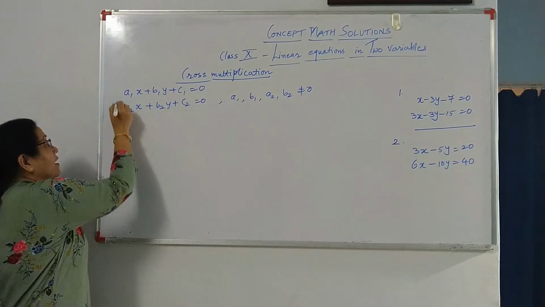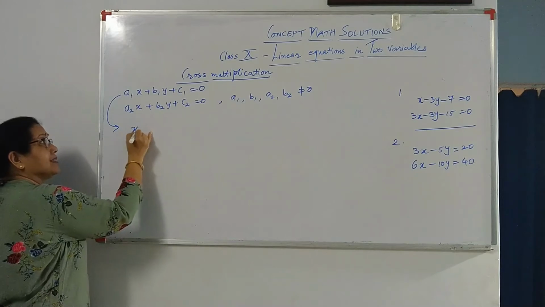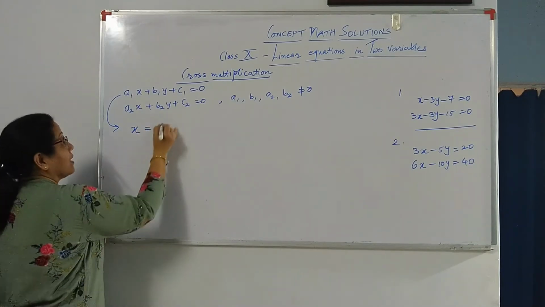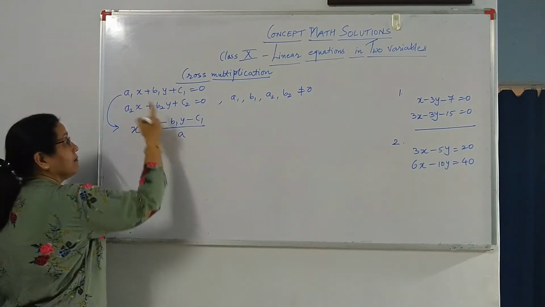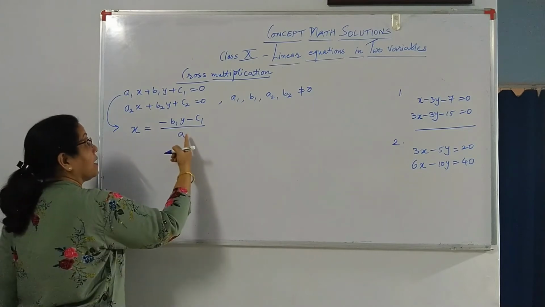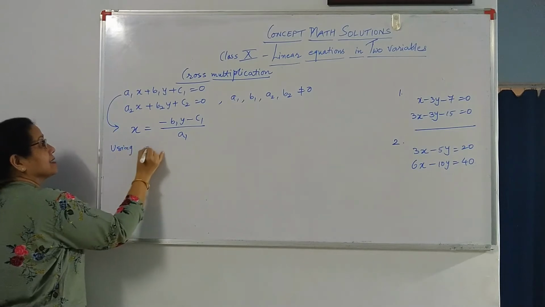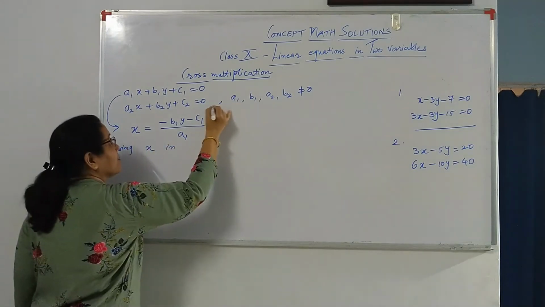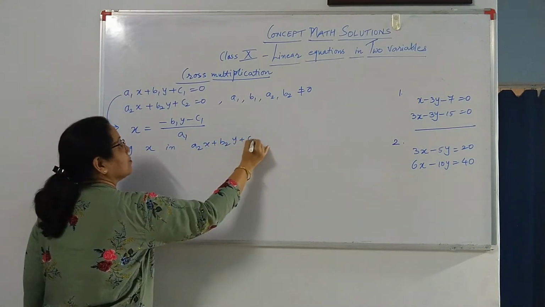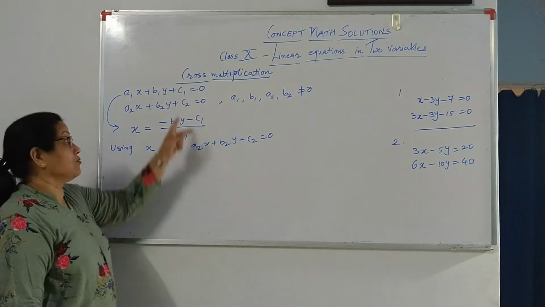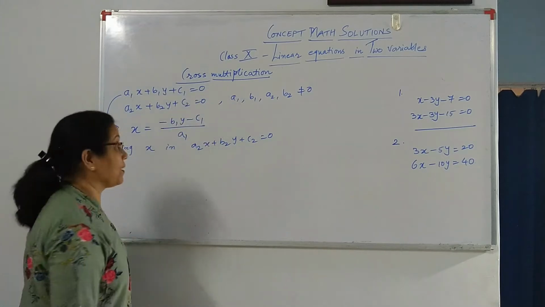Now, if I take the first equation and get x in terms of y, x will be minus b1y minus c1 upon a1 if I shift the terms. And I put this x in the second equation, a2x plus b2y plus c2 equal to 0. I am solving these two equations by method of substitution to get the formula for cross multiplication.